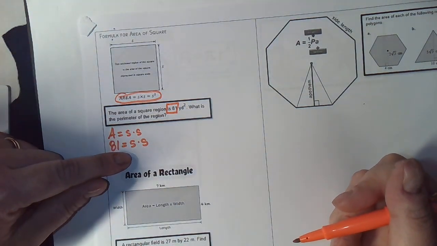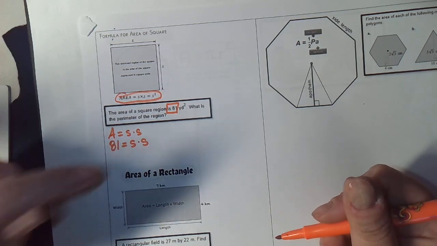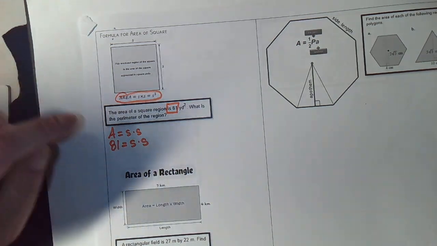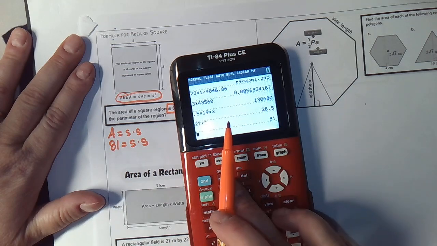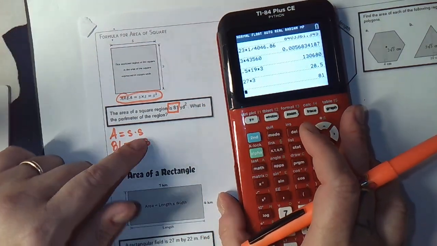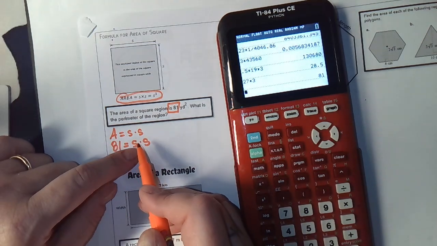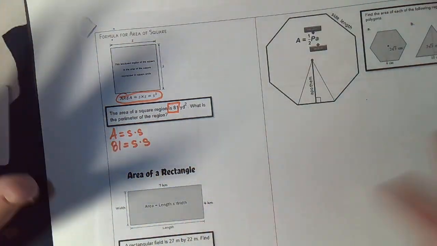Now we have to figure out what 2 numbers multiply together to get 81. Well, I know that 27 times 3 is 81. But I need 2 of the same numbers.